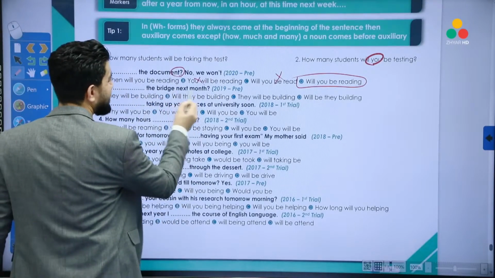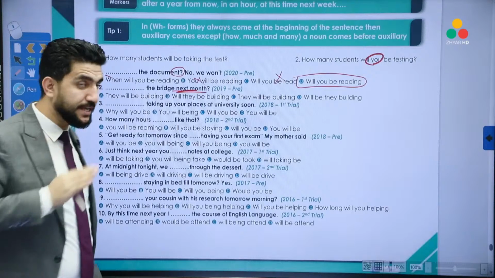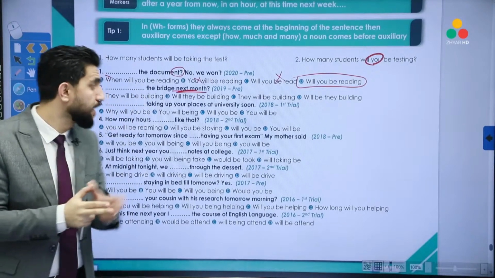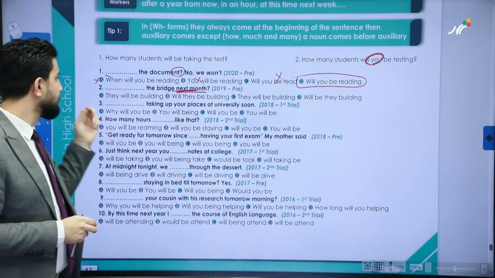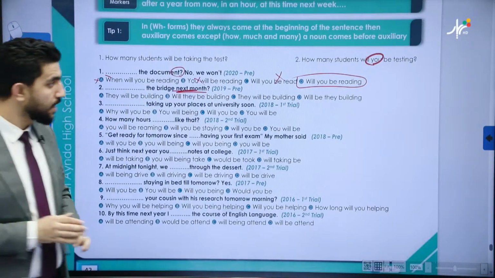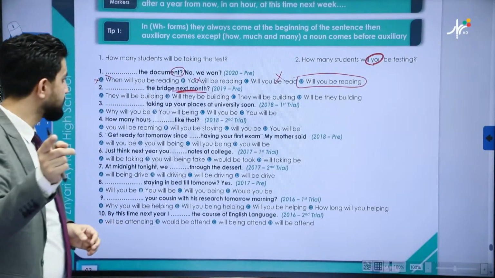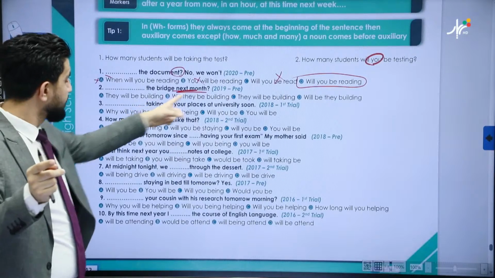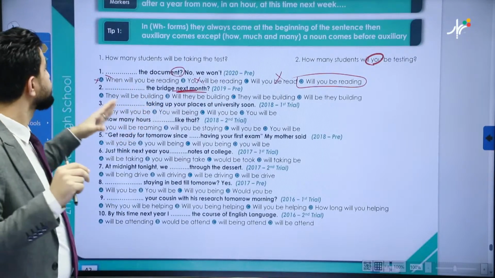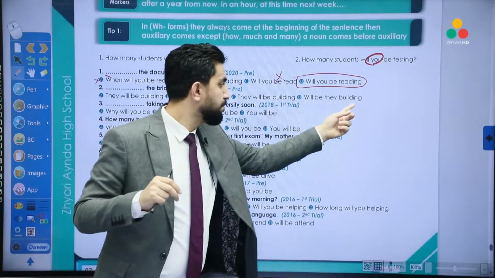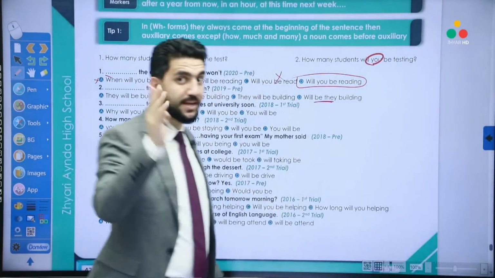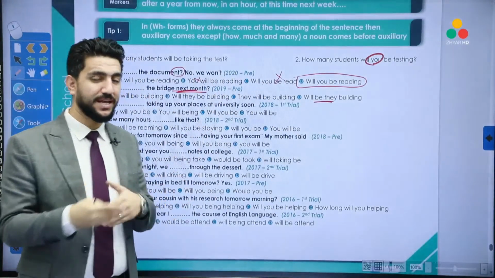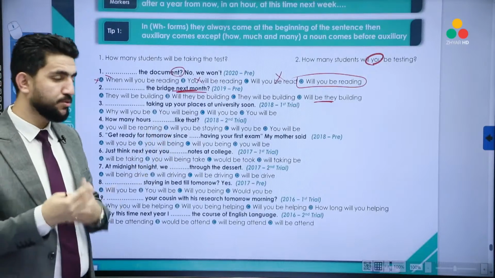Number 2, the bridge next month. Look, you can tell it's future continuous, or it's about future through the question. How? Next month. You see it. Which one do you think is correct? Which one is completely wrong? Tell me. Is it question? Yes, it's question. Let's take a look. Will they building? Where's will be they building? Is it be they? If you remember, we said be is followed by pronouns.